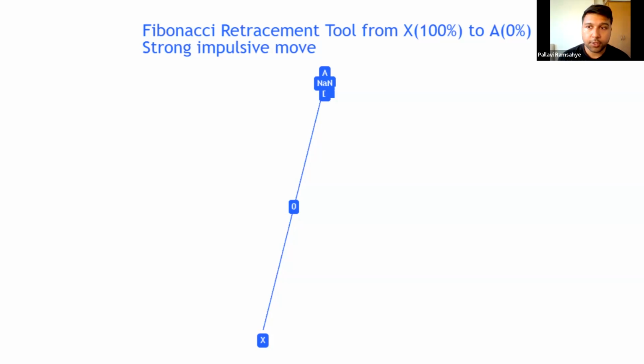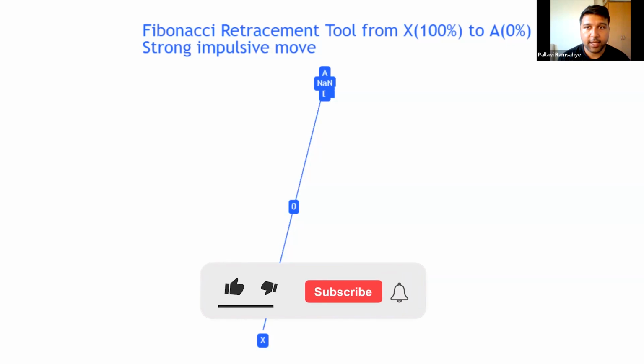What I want everyone to do, from today until the next session next week, is place your Fibonacci retracement tool on a strong impulsive move. If you see a strong impulsive move in the charts, whether it's from news or just the market playing out as normal, place your Fibonacci tool from X to A. I want everybody to get used to doing that.